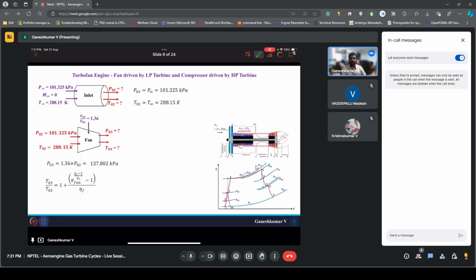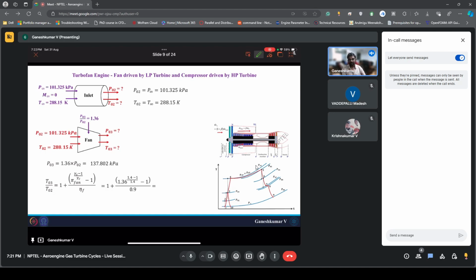And then you have to find the temperature at the exit of the fan, and you also have the fan efficiency. This is not an ideal case as we saw last week, where we solved ideal turbofan engines. But here it's a real turbofan engine, and the efficiencies are also given.